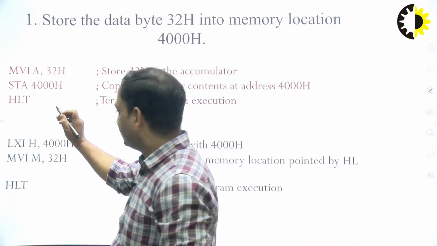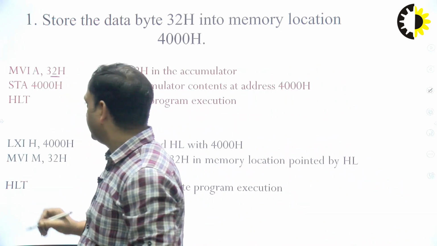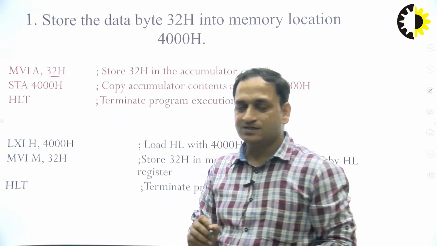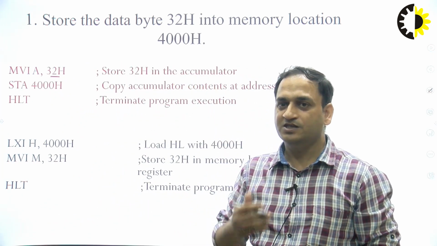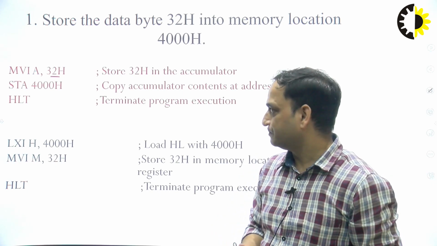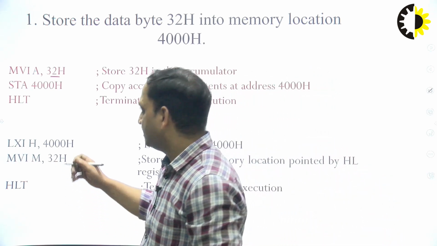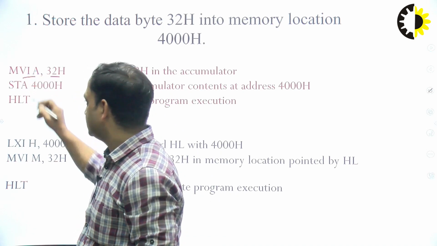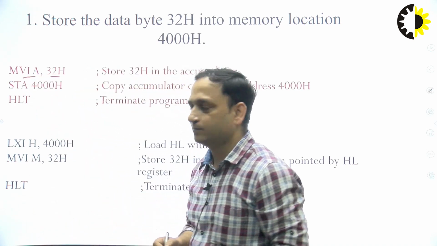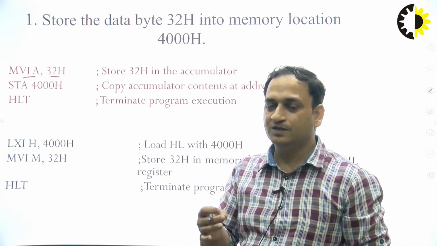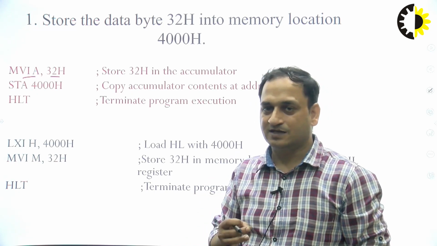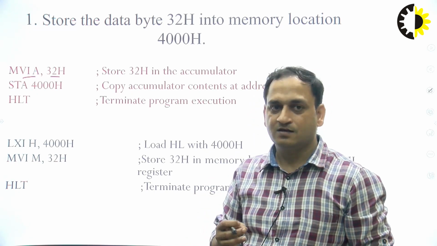If the number is given in the program, in that case we have to use an immediate addressing mode instruction. For that we have MVI A. This is immediate addressing mode, in which the number is given in the instruction itself. This number is the operand.